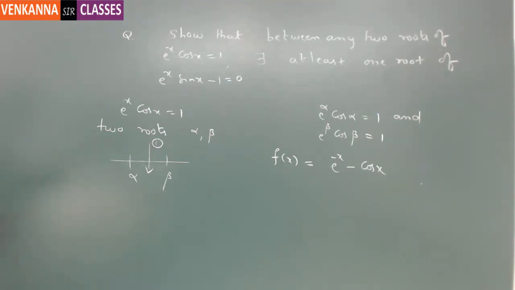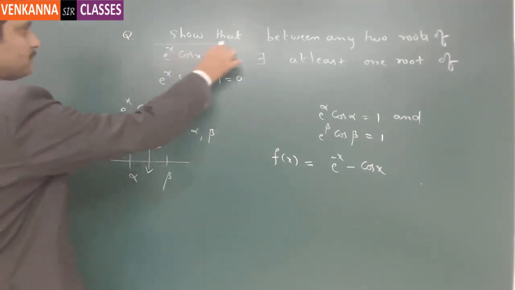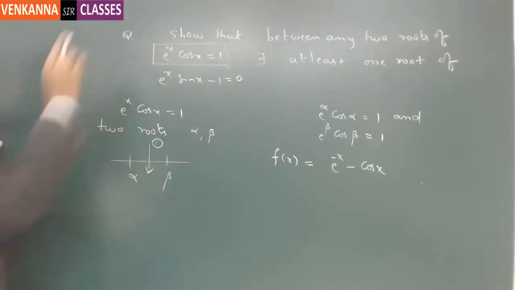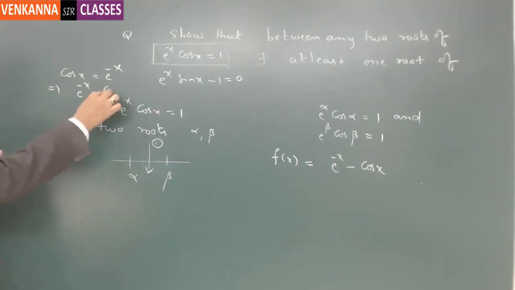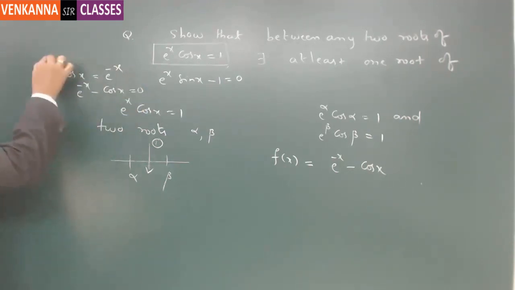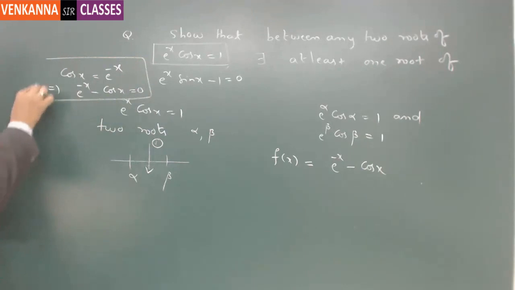Any doubts with regard to the definition of the function, how we are going to define it? Because if you consider the given equation and multiply both sides with e power minus x, cos x equal to e power minus x, it is nothing but e power minus x minus cos x equal to 0. Agreed?